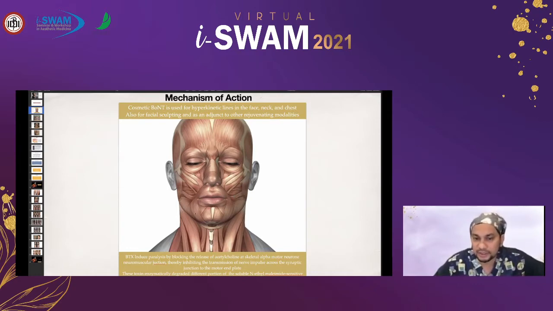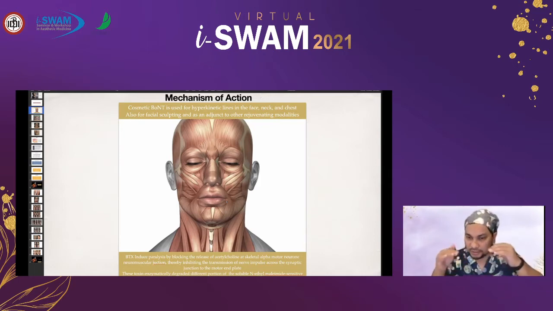If you see this muscle, the depressor labii, in aging or in some people, even though they're still young, it works very powerfully, pulling the angle of the mouth downwards.